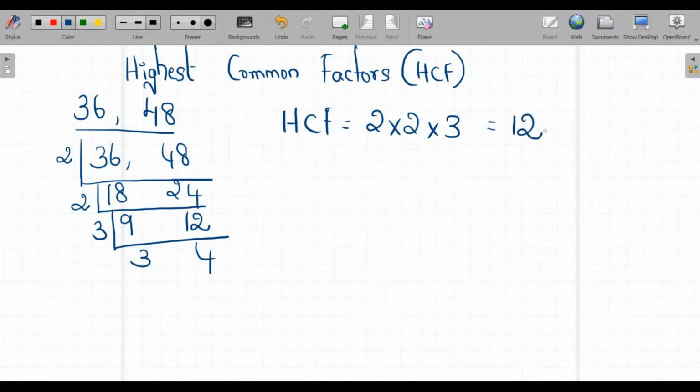Okay. Now, let us also verify it by the first method of listing all the factors. This may not be possible in all cases, but probably we can try for 36.